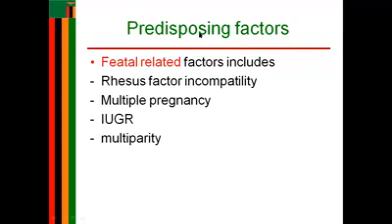Then multiparity. So multiparity is another predisposing factor. Then also the other fetal-related factor that we can talk about is rhesus factor incompatibility. Here you have different proteins between the mother and the fetus, and this could come from both parents, where you are married as husband and wife, but you have different rhesus proteins in your blood group.